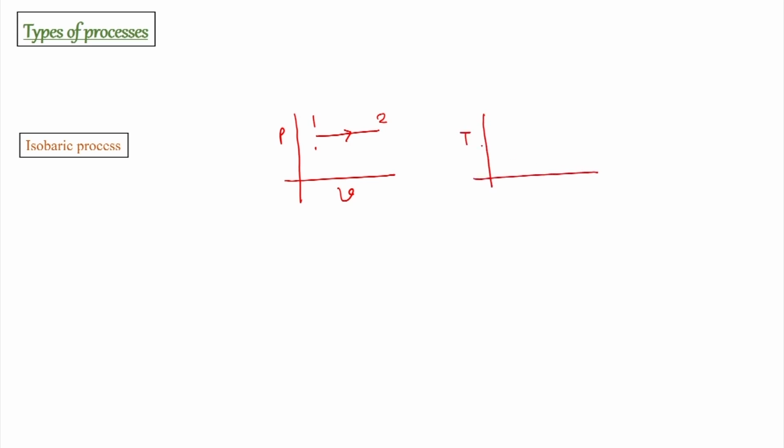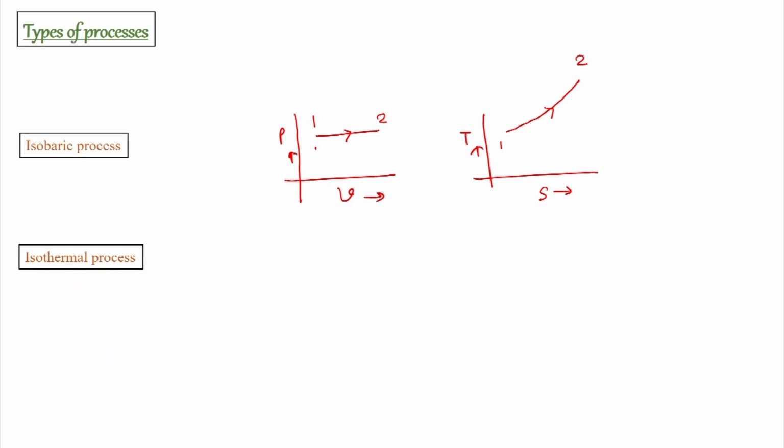Otherwise, if we try to plot a TS diagram for the same isobaric process, suppose we are considering heat addition between 1 to 2, then the process is like this, and if we are considering heat rejection, then the process is 2 to 1.